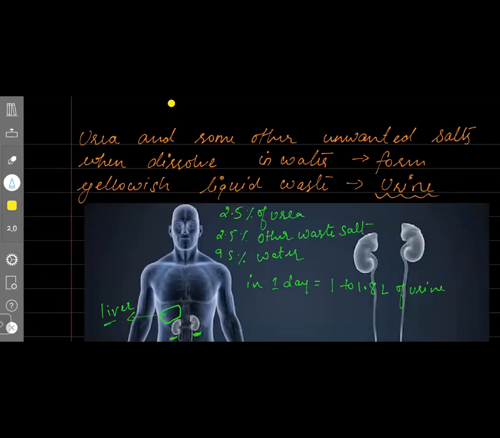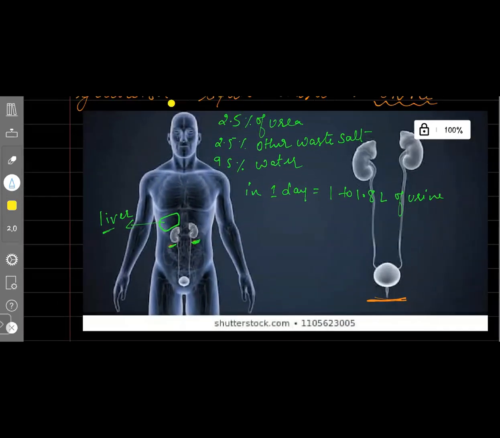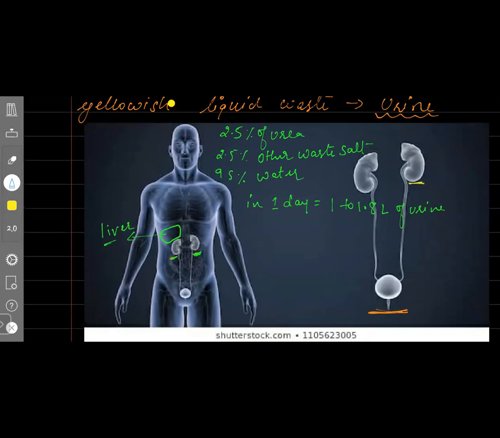Let's see how the ureter is placed. In the kidney, the urine is produced after filtration.